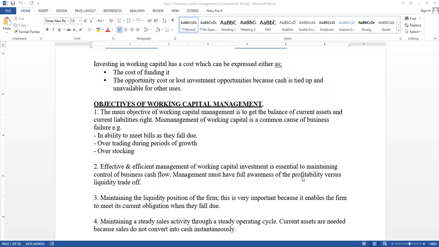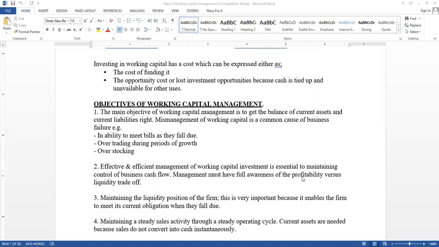You must undertake ventures which are profitable, but bearing in mind the liquidity, that you must maintain sufficient cash resources to meet your obligations.